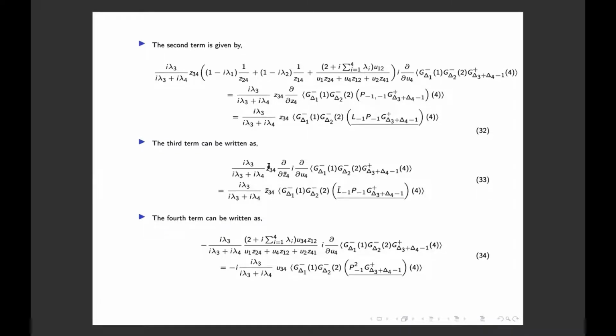And then of course the z bar term works in the same way. I have a ∂ over ∂z bar 4, and then I have L bar minus 1 P minus 1 acting on g plus, and the last one, the fourth term, which multiplies u34. So this term is essentially, you can write it as i ∂_u4 squared. So that becomes P minus 1 squared acting on g plus 4.